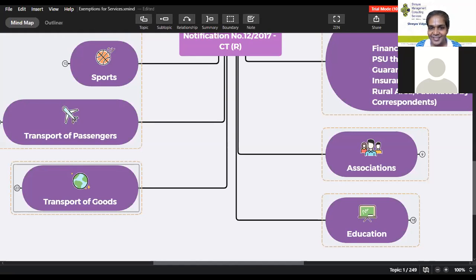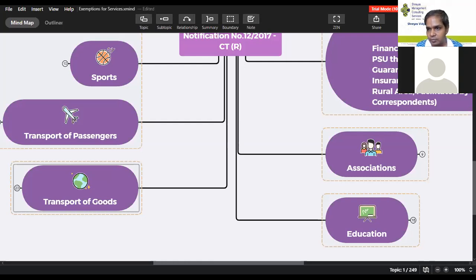Yes, the exemption is applicable for GTA also. The question asked is whether it's applicable for a GTA. We've been discussing that for GTA only. So it is GTA only that has been given the exemption. The next point is all transportation of such goods for a single consignee, at a single stretch.